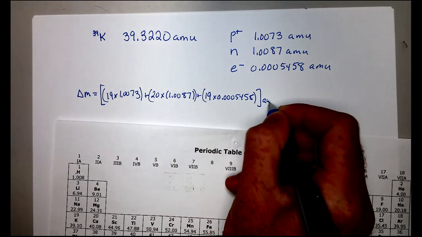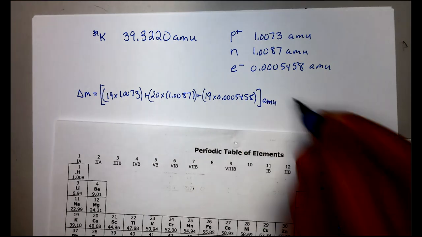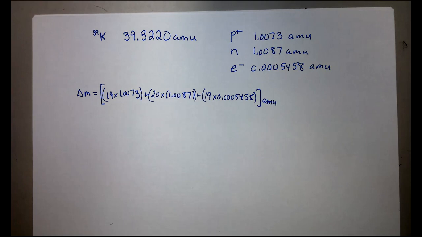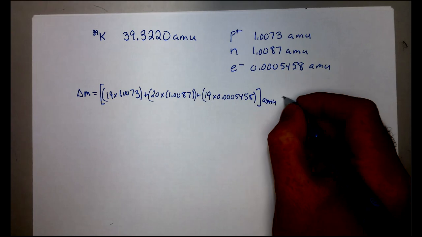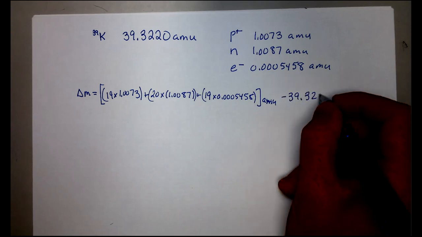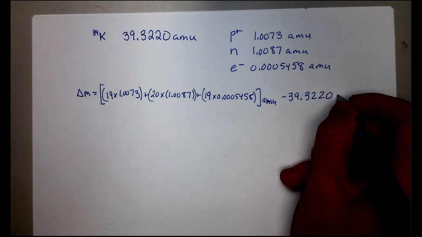All that with units of AMUs. You say, why include the electrons when we've been ignoring them up to this point? The mass defect tends to be small, so we need the extra precision to make sure we capture the defect.